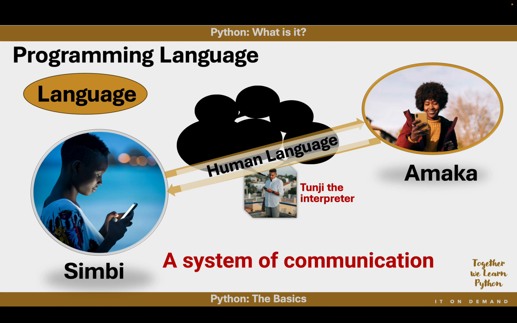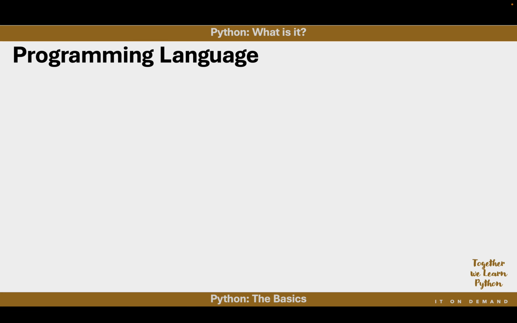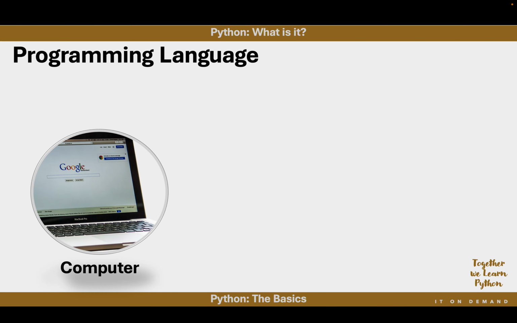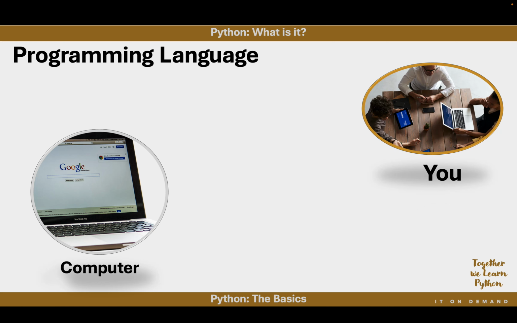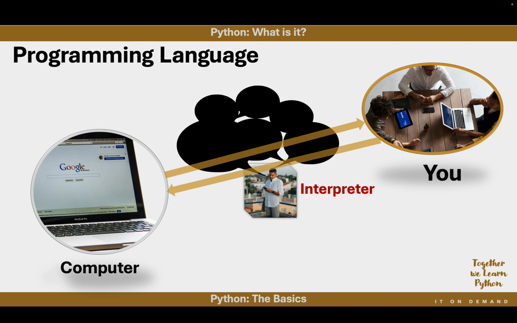So how then do we bring this into programming? And so let's consider this. We have the computer on one side, and then we have you on the other hand, and both of you would like to communicate, and you need someone in between, that interpreter in between, to talk.